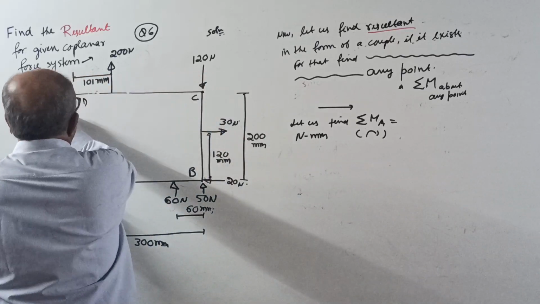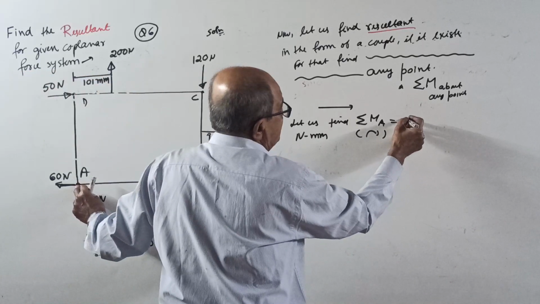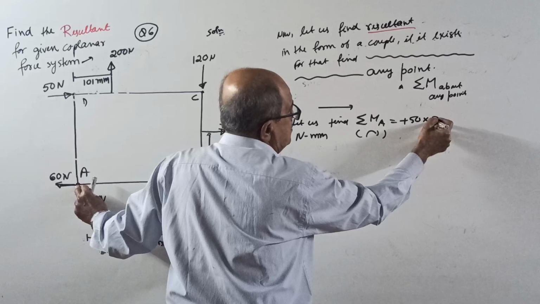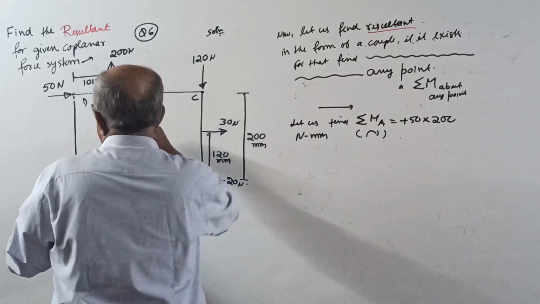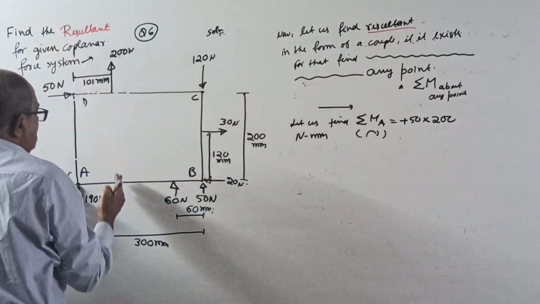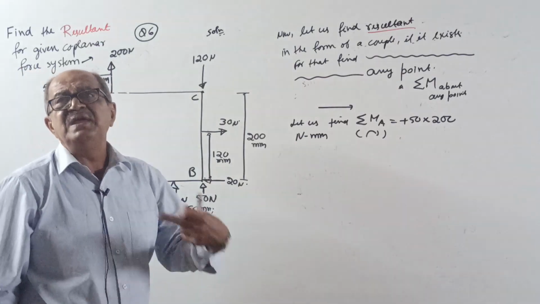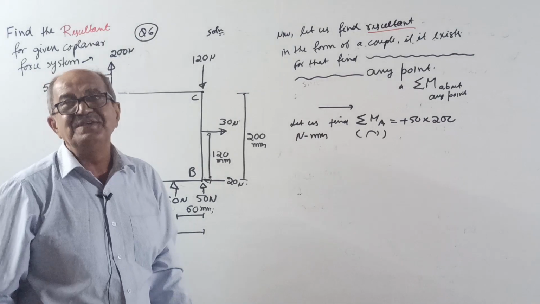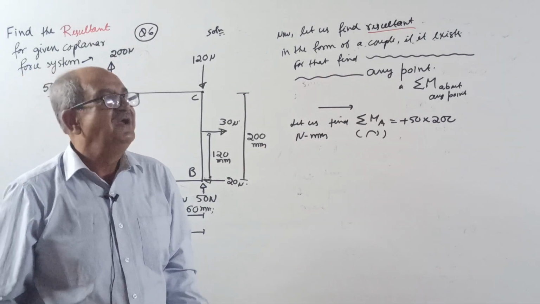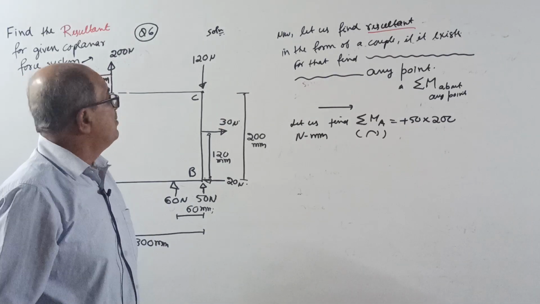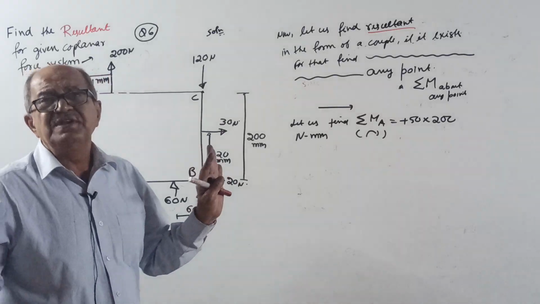Moment about A: 50 into 200 clockwise, then minus 200 into 101. 101 is my adjusted value, because I want the resultant to be 0. You should not ask, sir, why 101? It is my wish.